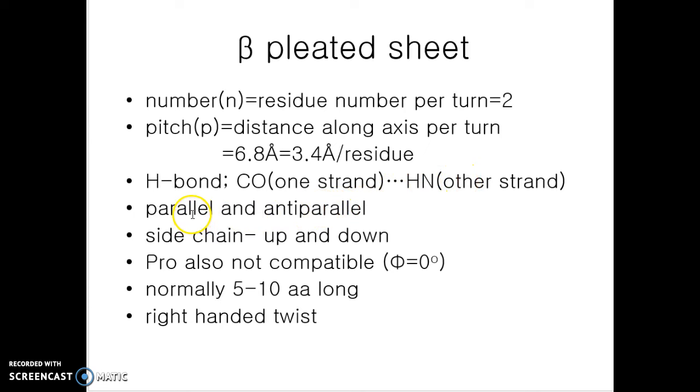There are 2 types, parallel and antiparallel. Side chains alternate up and down. Again, proline is not compatible in this structure. Usually a stretch 5 to 10 residues long is popular. It also has a slightly right-handed twist.